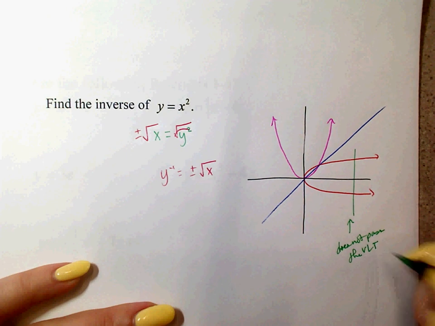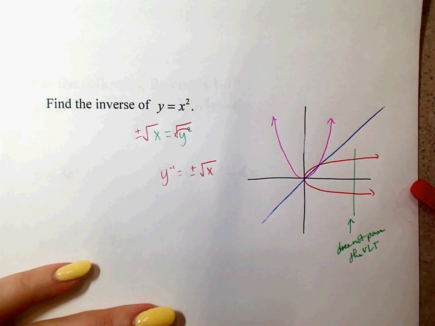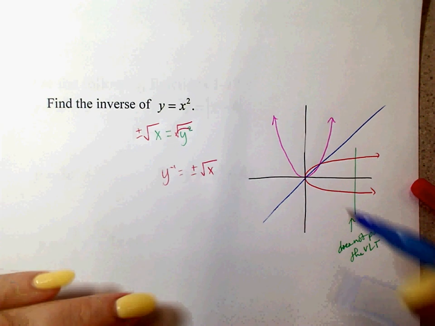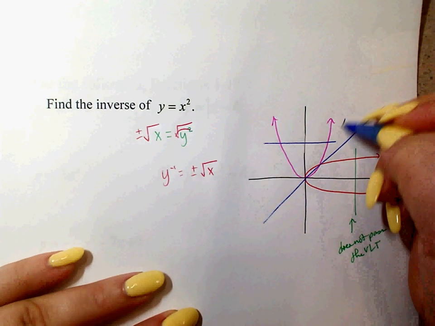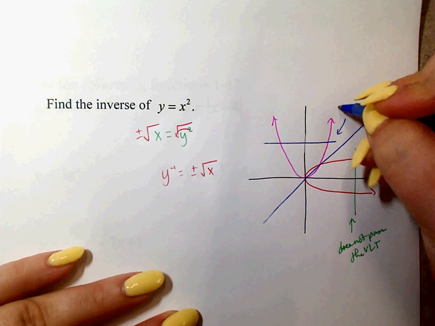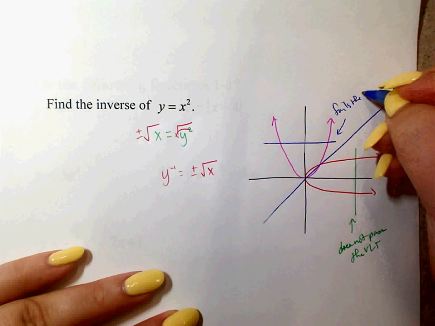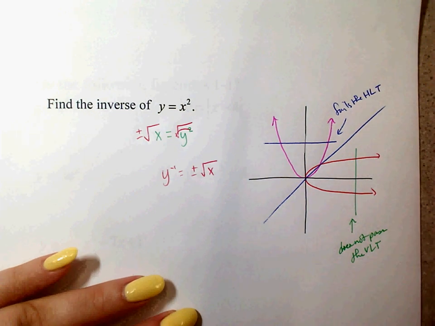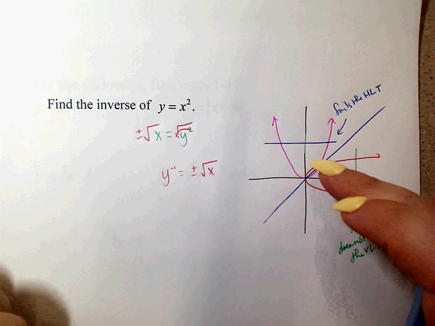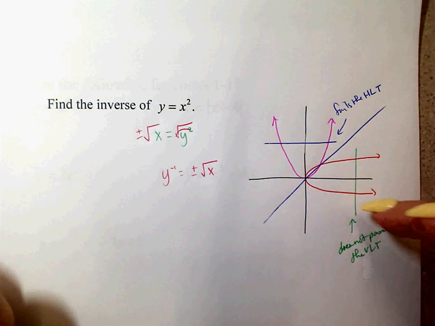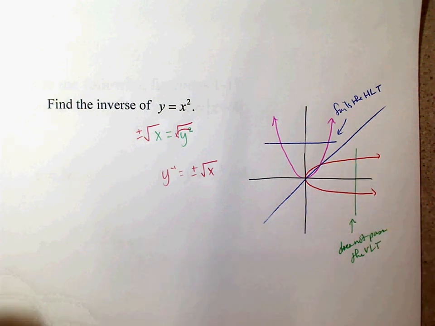If this does not pass the vertical line test, that means its original function did not pass what we call the horizontal line test. So this right here, the original function, fails the horizontal line test. If your original function fails the horizontal line test, then your inverse will fail the vertical line test.